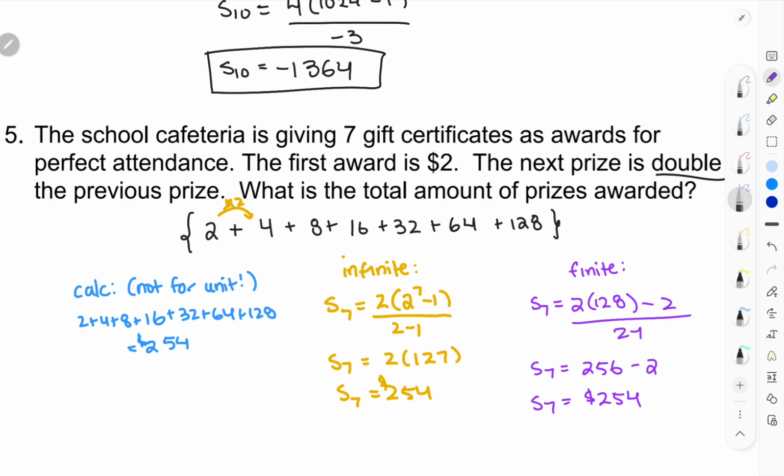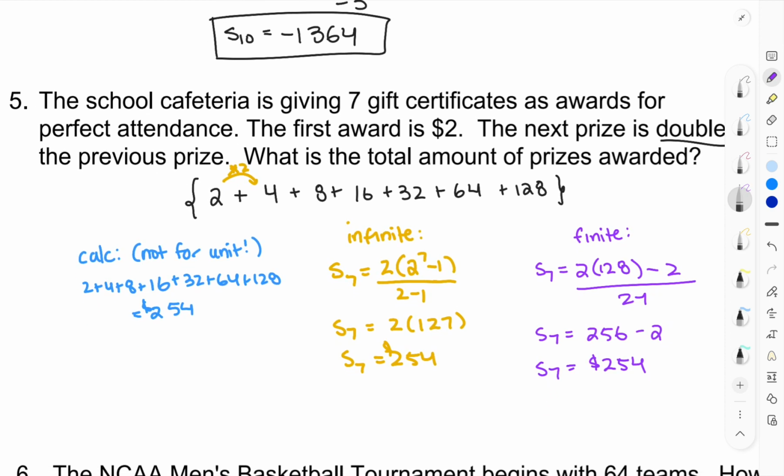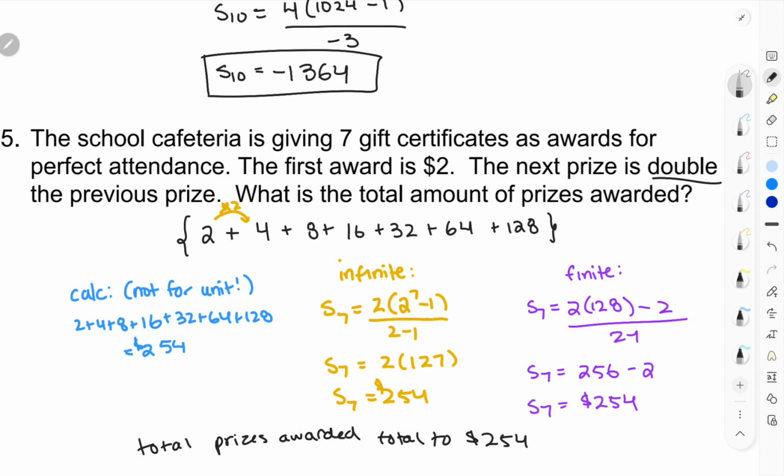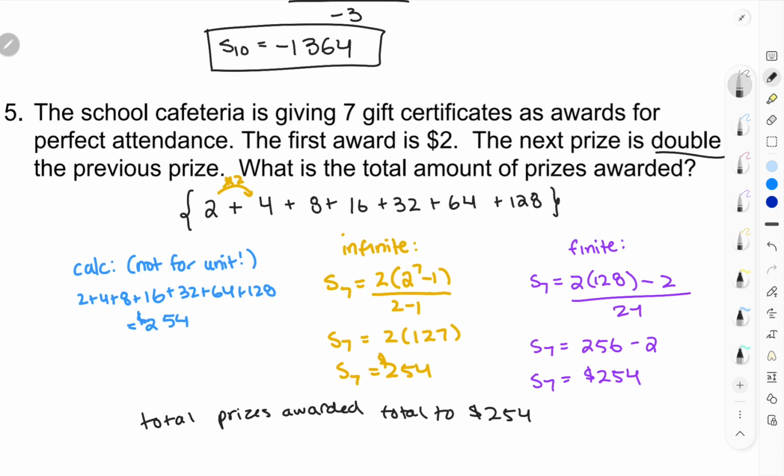So again, it just depends on what information you're given, what information you know, but all of these are telling me total prizes awarded total to $254. So I'll leave the last one for you to give a try, and we'll look tomorrow at infinite geometric sequences.